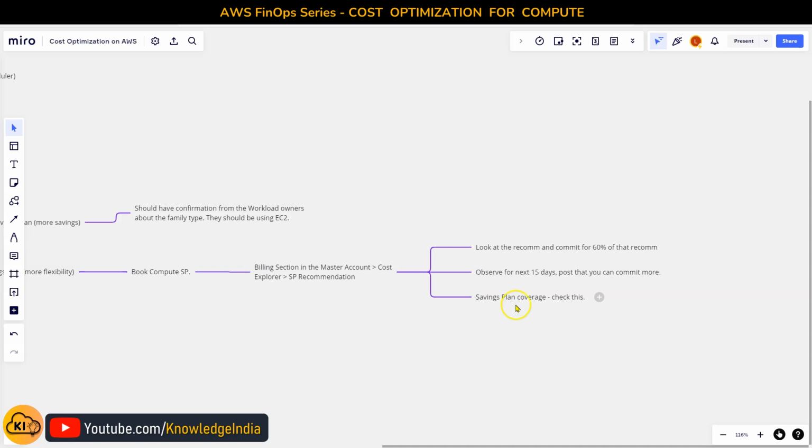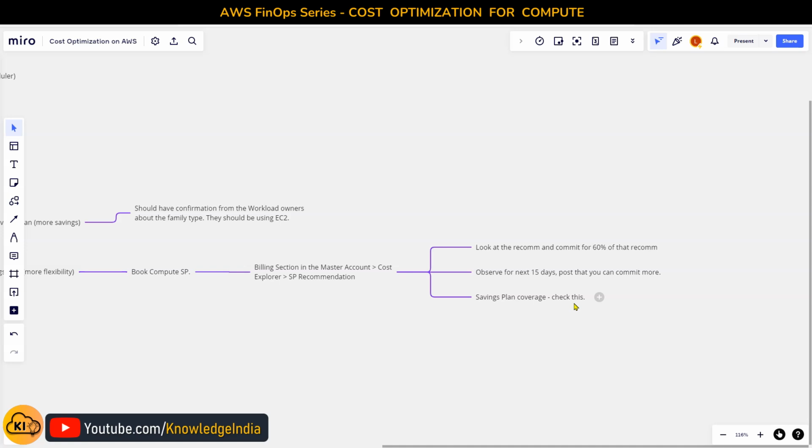So it's like this. I don't think you need to target and achieve 100% coverage with savings plan. You may want to do 100% but only in those scenarios where all of your workload runs 24/7, right? If all of your workload doesn't run 24/7, then achieving 100% coverage by savings plan doesn't make sense.